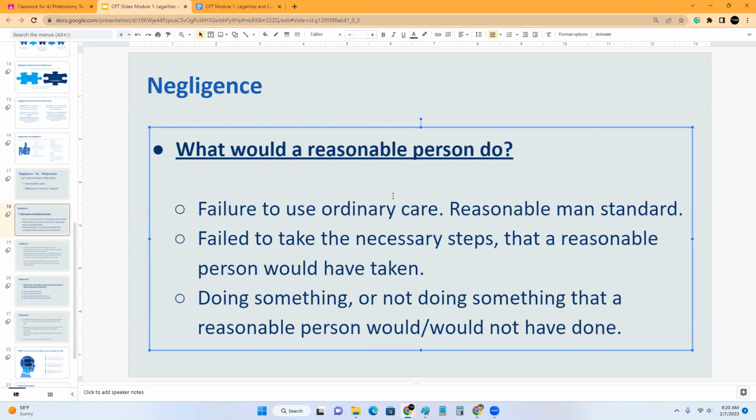Failure to use ordinary care, failure to take the necessary steps that a reasonable, normal human being would take, doing something or not doing something that a reasonable person would do.